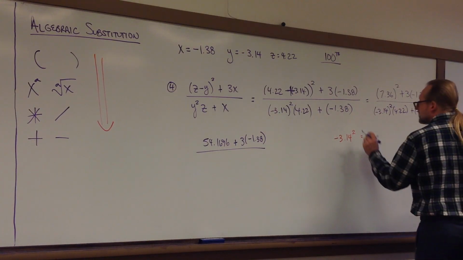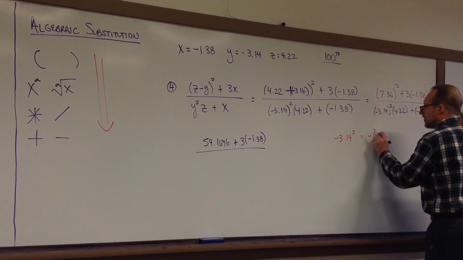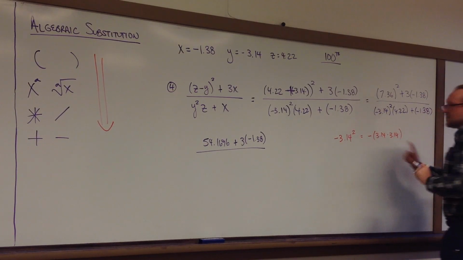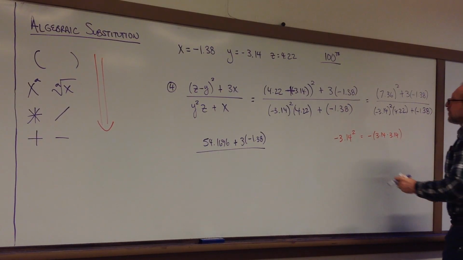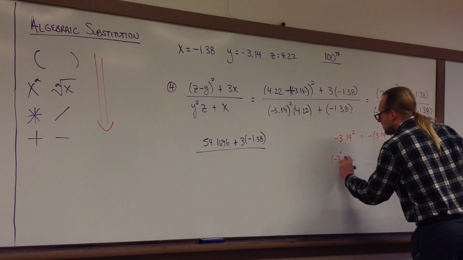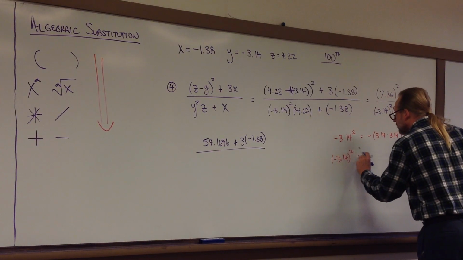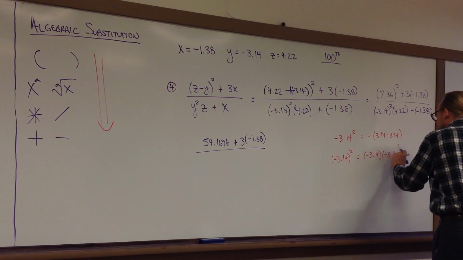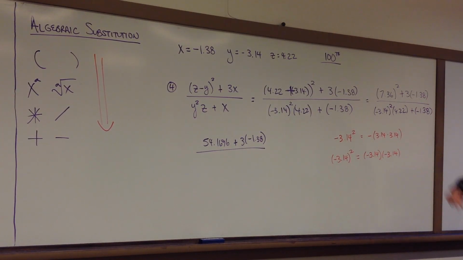And so it does the exponent first. This is not what we want, okay? What we want is negative 3.14 squared, which is negative 3.14 times itself. This is what we need to calculate, okay? This is going to turn out to be a negative number. This is going to turn out to be a positive number. This is the correct one right here, okay?